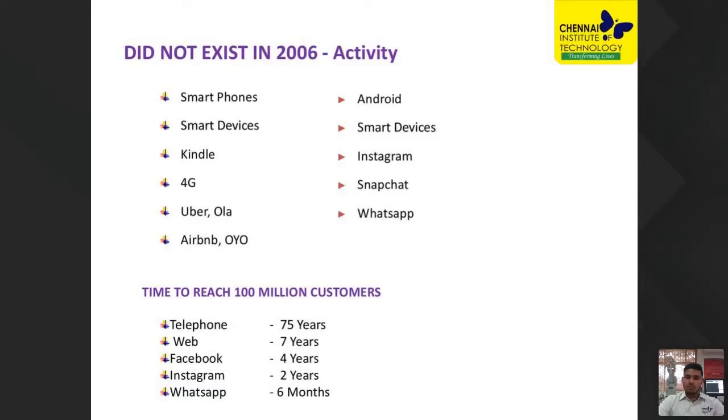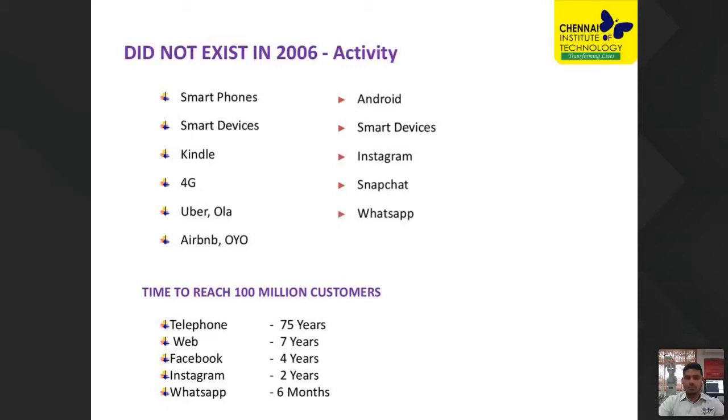There is one more survey in the second part: the time to reach 100 million customers. The telephone took nearly 75 years to reach 100 million customers. The web, the internet, took just 7 years. Facebook took 4 years.